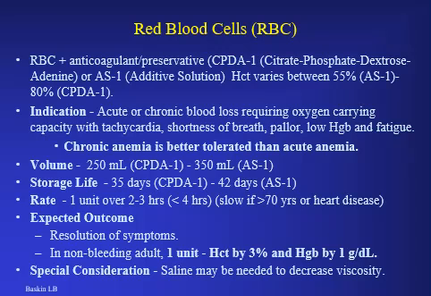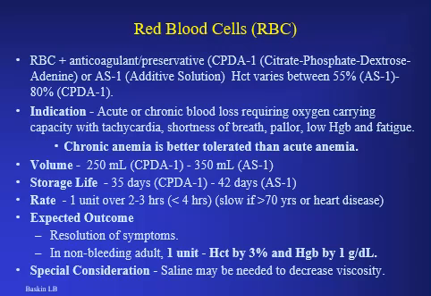And each unit should be given over a 2 to 4 hour period, but slower rates could be used for patients who are older or those with heart disease. Sometimes diuretics need to be given at the start of the transfusion as well. Now, the expected outcome will be resolution of symptoms, but with essentially the same increase in hemoglobin as seen in whole blood.